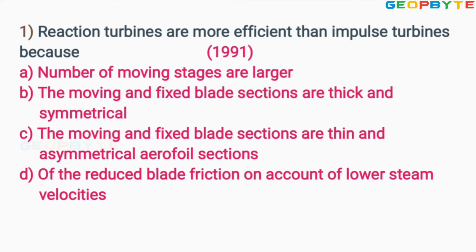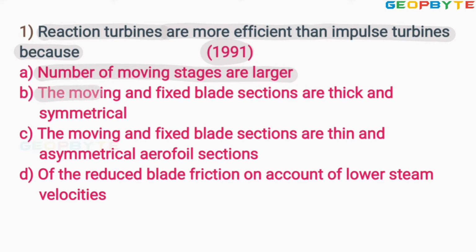The very first problem was given in 1991. It is like this. Reaction turbines are more efficient than impulse turbines because: option A, number of moving stages are larger.